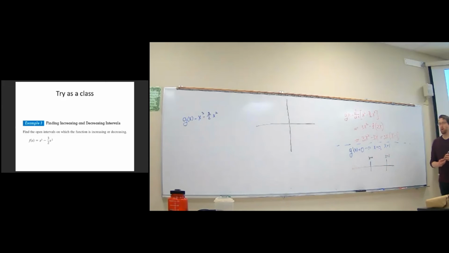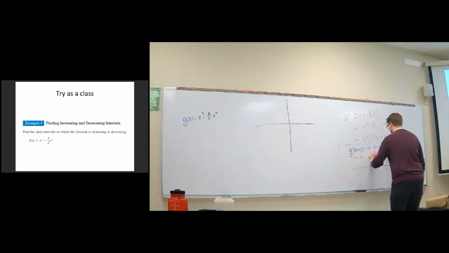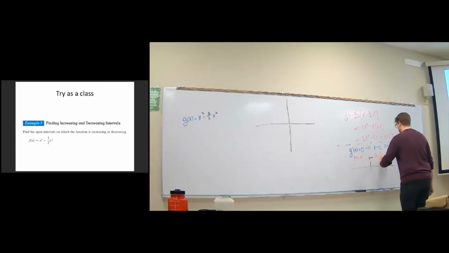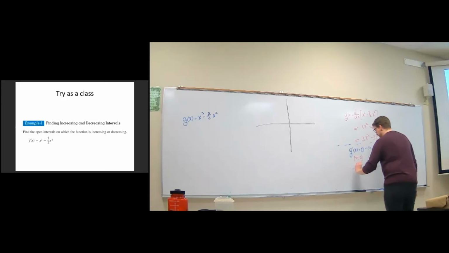Now let's pick a number less than 0. Let's say -1. Well, this is the interval -infinity to 0. This is the interval 0 to 1. This is the interval 1 to infinity. Let's choose x equal to, like I said, -1.